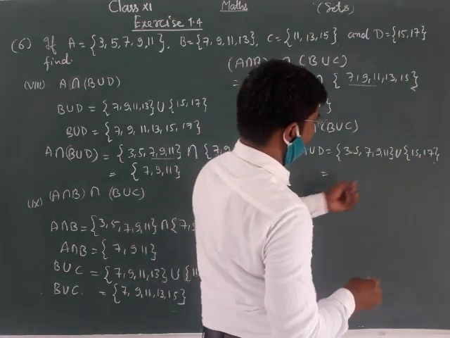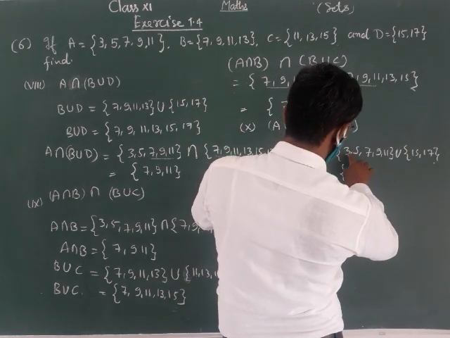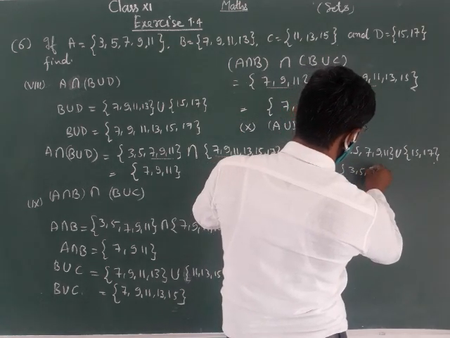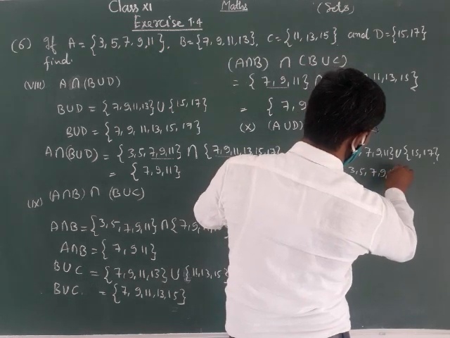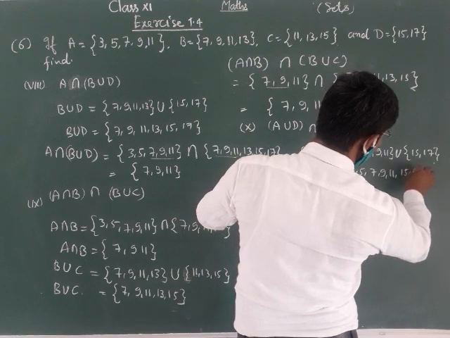So the elements of A union D, taking both, are 3, 5, 7, 9, 11 and 15, 17.